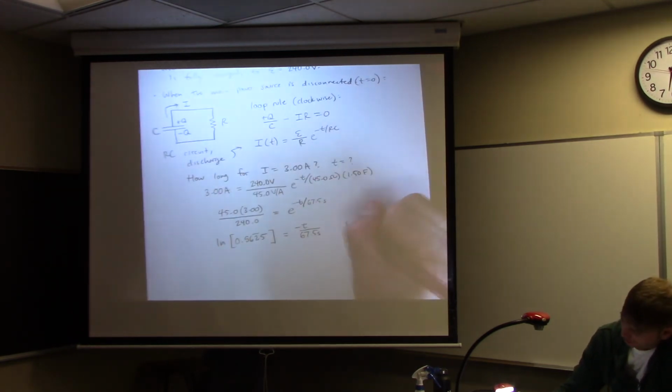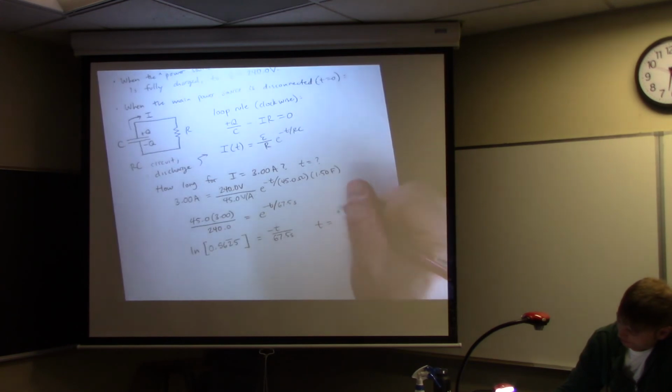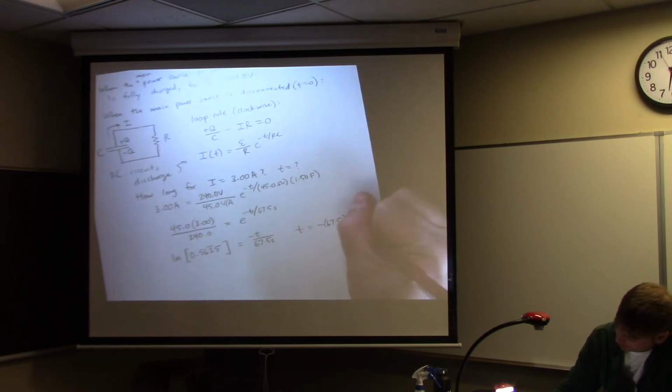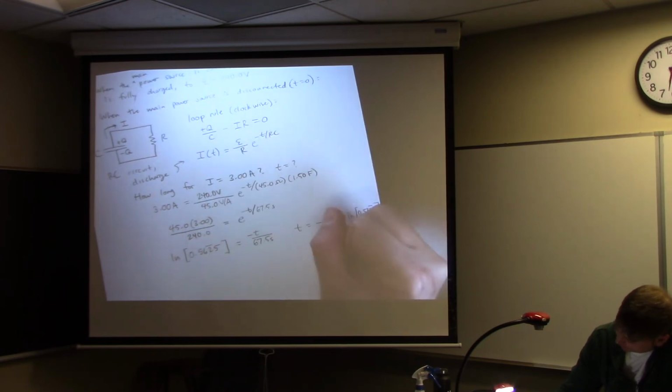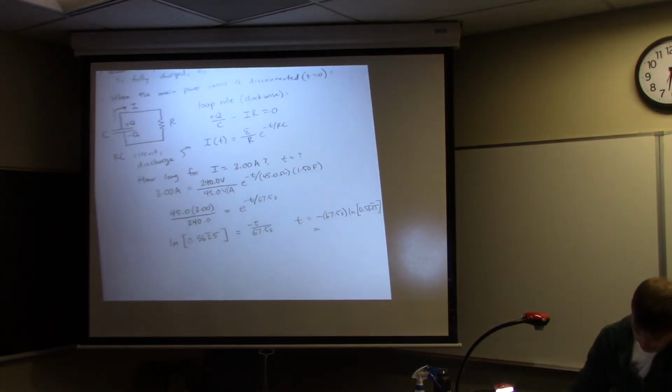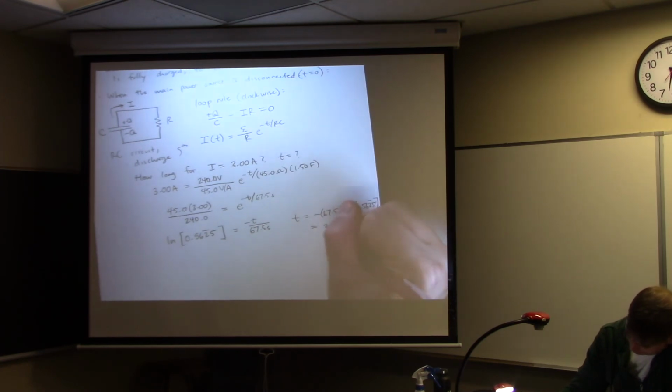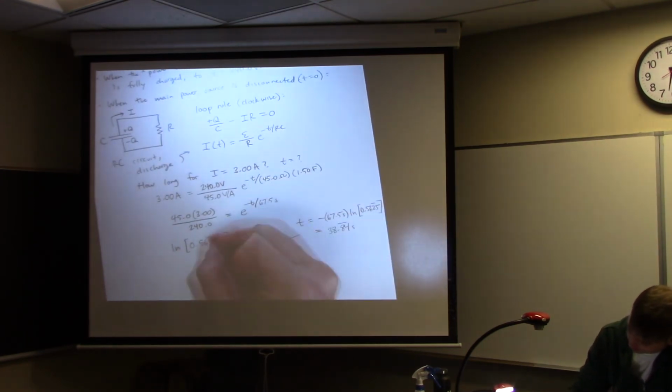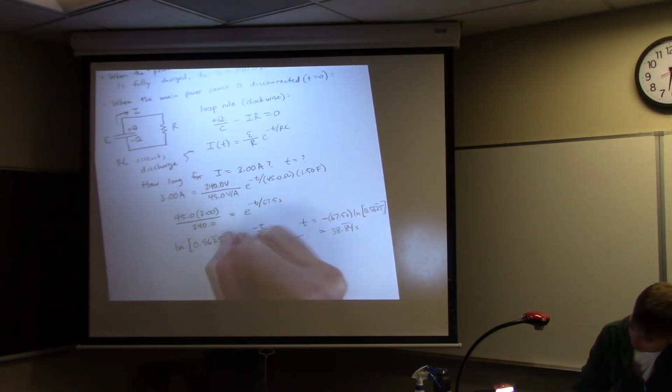The time I'm looking for is going to be minus 67.5 seconds, and multiply that by natural log 0.5625 to get, this actually works out to 38.84 seconds, but we'd round that to 3 sig figs, so 38.8 seconds.